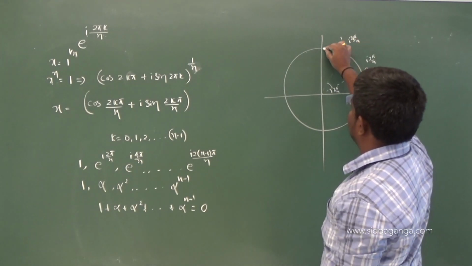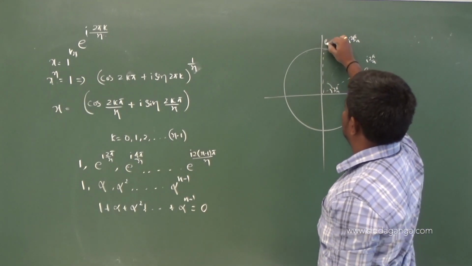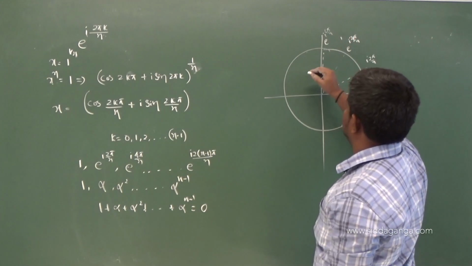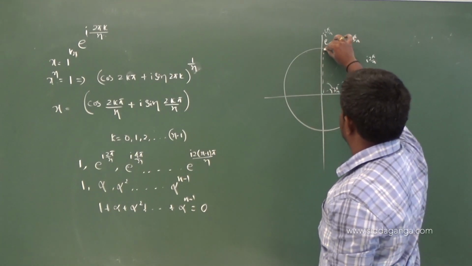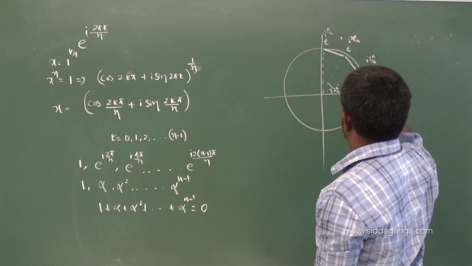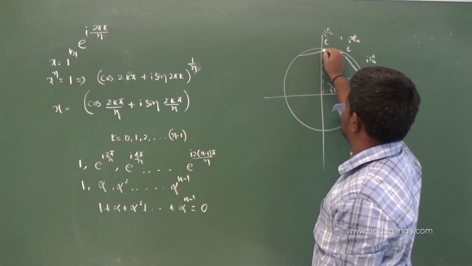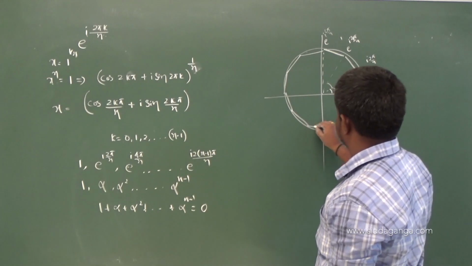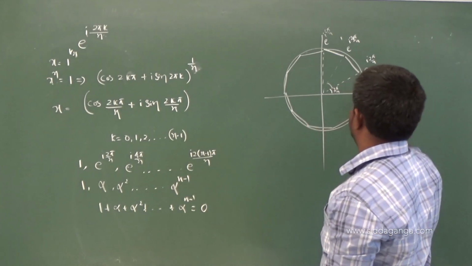In the same way, e power of i 6 pi by n, and so on. So if you draw like this, students, you get a regular polygon for n sides.